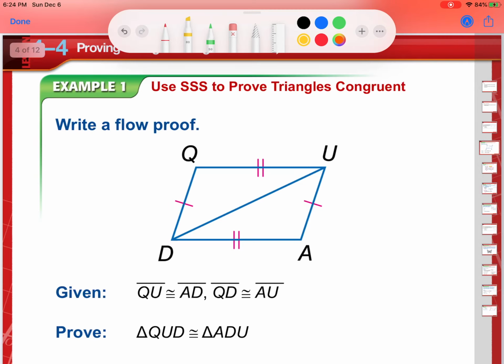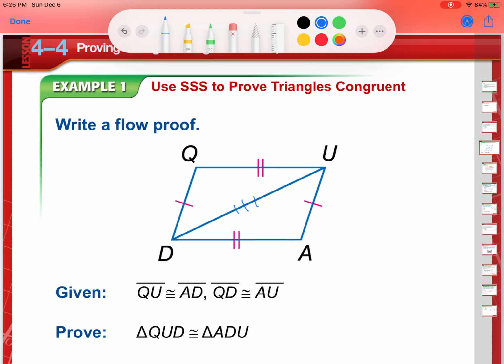And then the only thing that wasn't given is that DU is congruent to DU, which again, I alluded to in the video yesterday. When these two sides are shared, then they're of course going to be congruent because they're the same line.